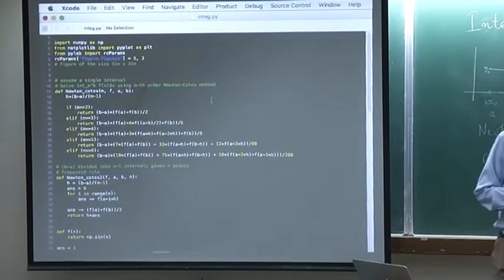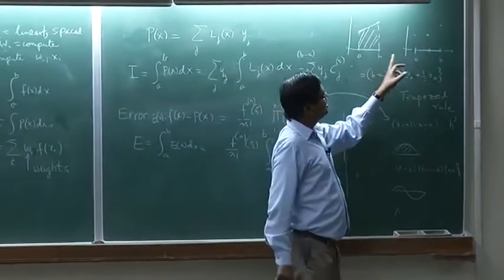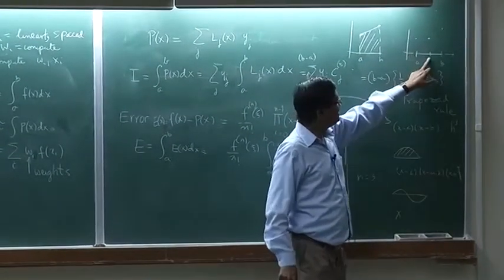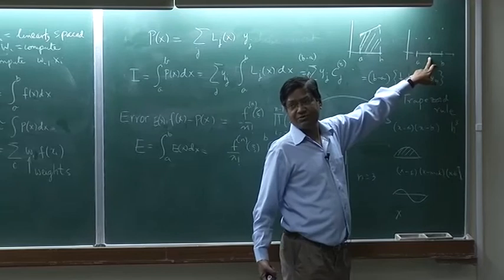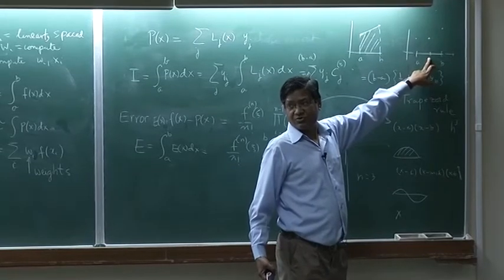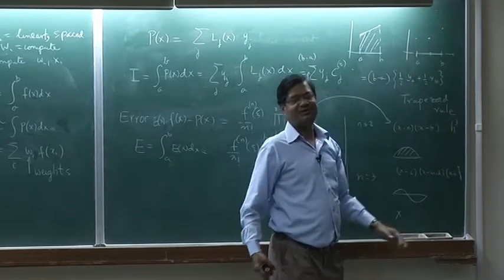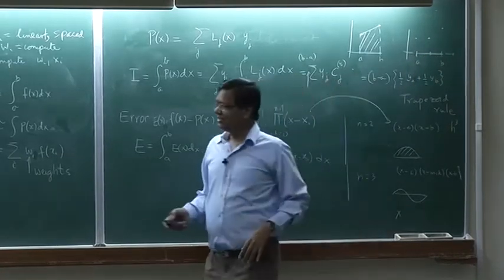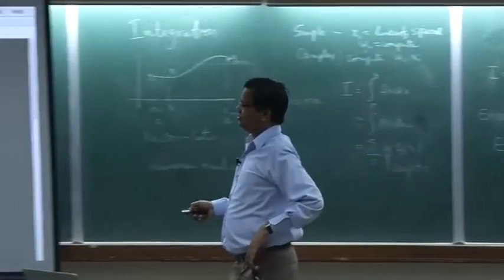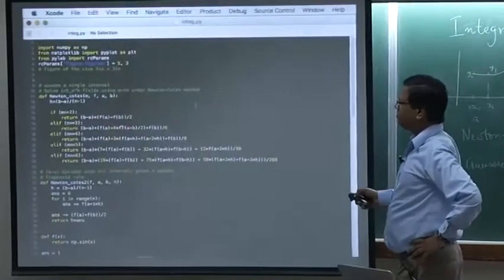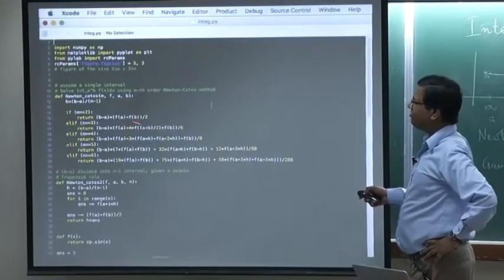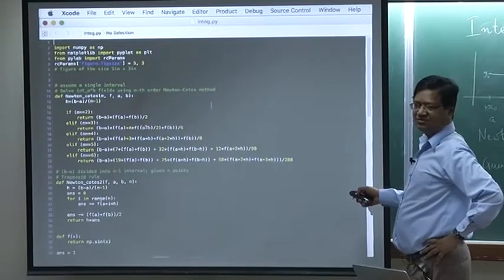So for second order this is just a and b. For third order I have to insert an intermediate point. So h is half of b minus a. So this is the formula for 2 points, the trapezoid rule.